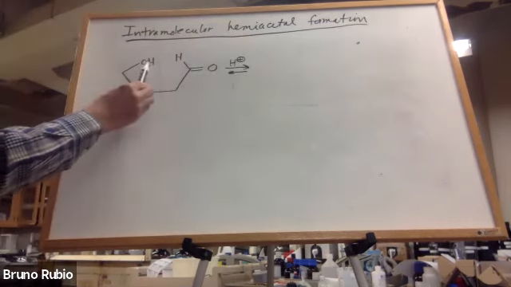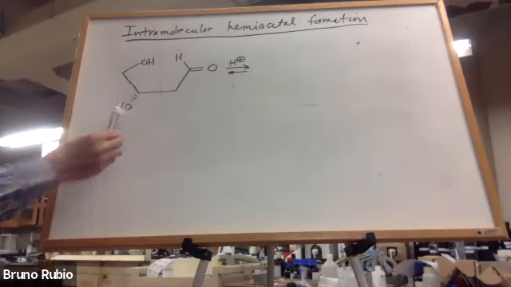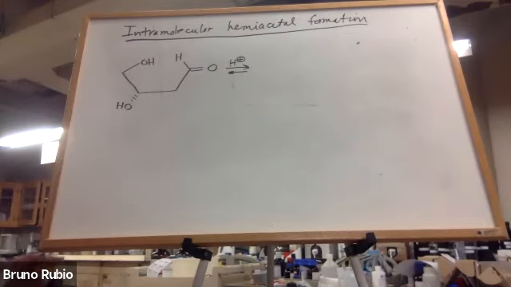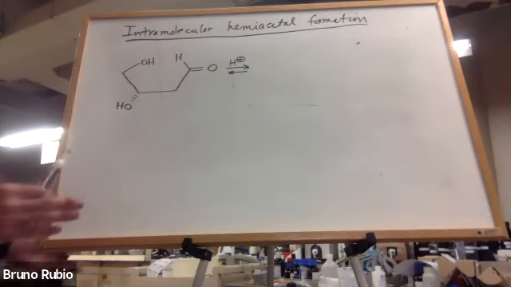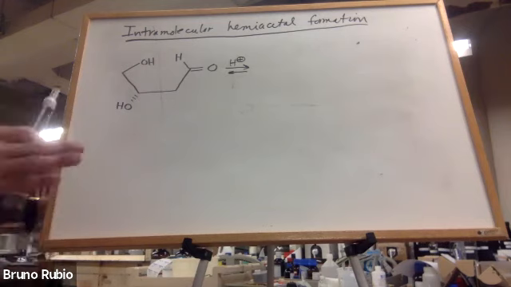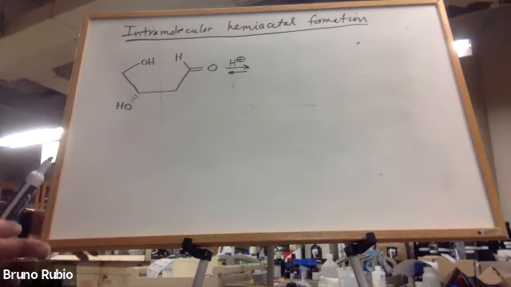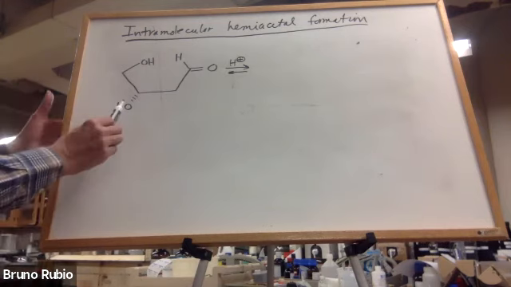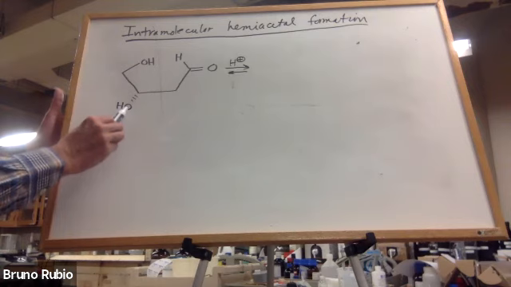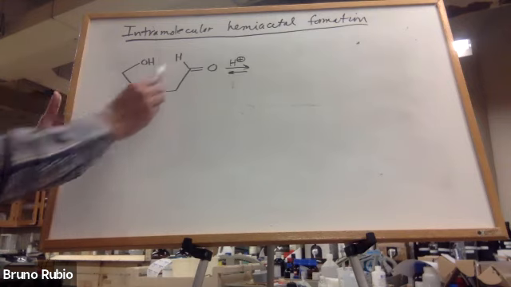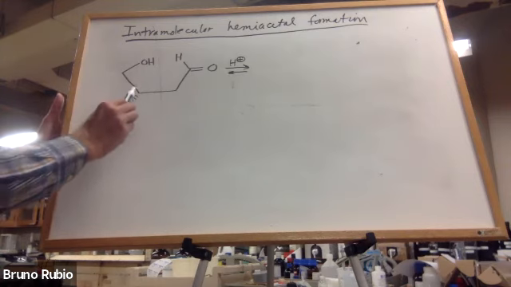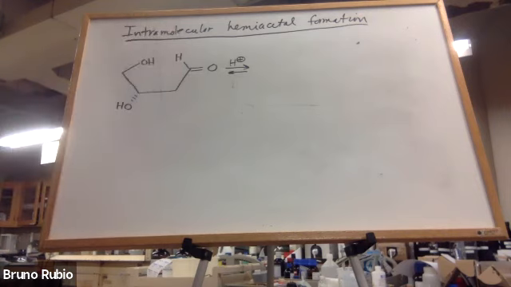Okay, and so now in this molecule, I see 2 OH groups. So the first crisis is which OH is going to participate in the intramolecular hemiacetal? Both of them? Well, it's not going to be this one, because if I hook up this oxygen to this carbonyl, I get a 1, 2, 3, 4 membered ring.